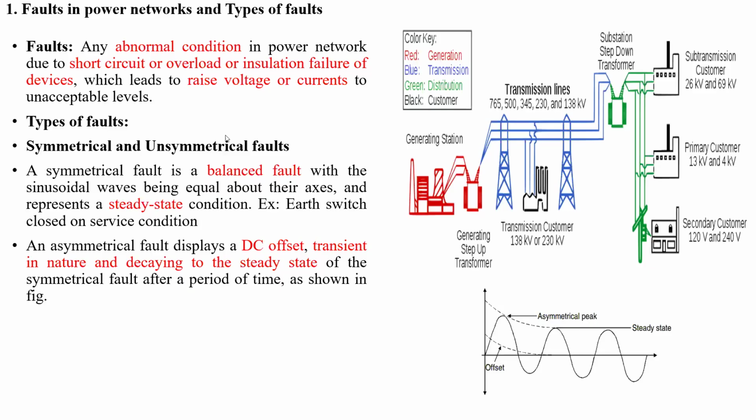A fault is any abnormal condition in the power network due to short circuit, overload, or insulation failure of devices, which leads to overvoltages and currents reaching unacceptable levels. Each and every piece of equipment in the power system is rated for some particular value. A circuit breaker, for example, is manufactured for 4000 amps and 50 kA for 1 second.